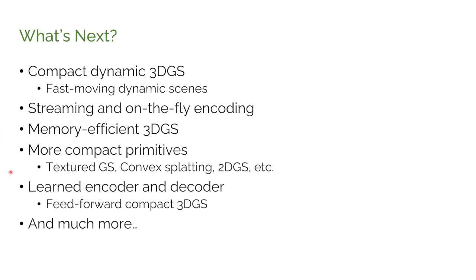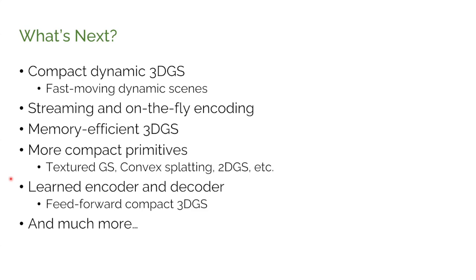And finally, learned encoders and decoders, which means that so far all 3DGS compression algorithms are based on per-scene optimization. As I mentioned, there are some works about context modeling, but if you really want to do context modeling, we have to rely on a large-scale dataset.